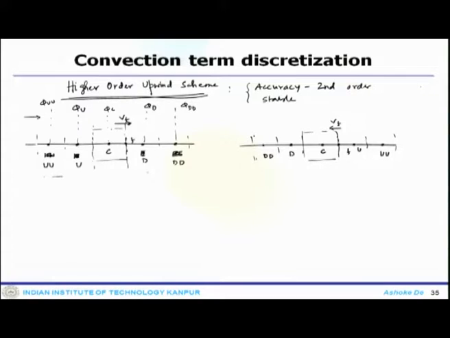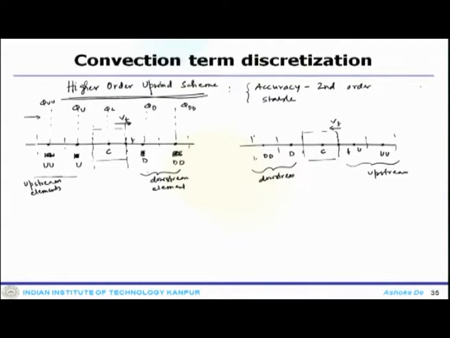So, in this case the cell velocity was in this direction, so these are counted as upstream nodes. These are all upstream elements and these are downstream elements, while if the cell velocity is this way, then these are considered upstream and these are considered downstream.